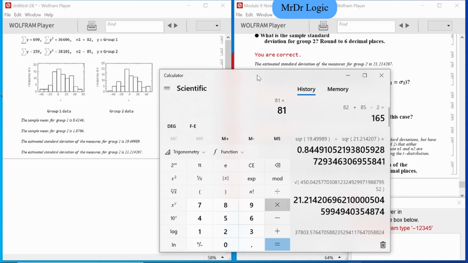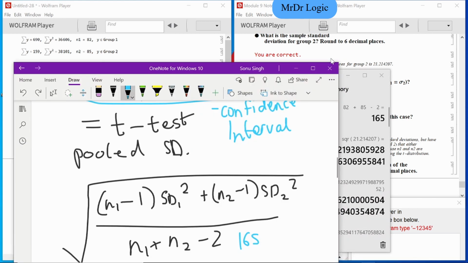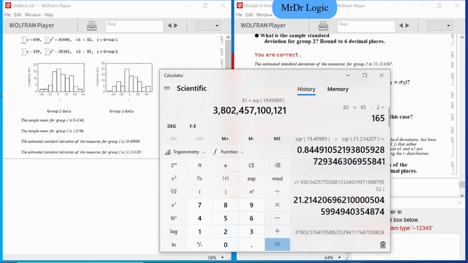81 multiplied by bracket 19.499 squared. You have to add the other term.